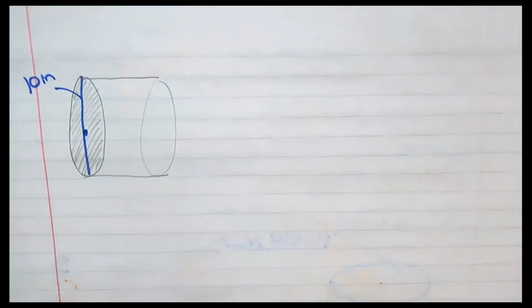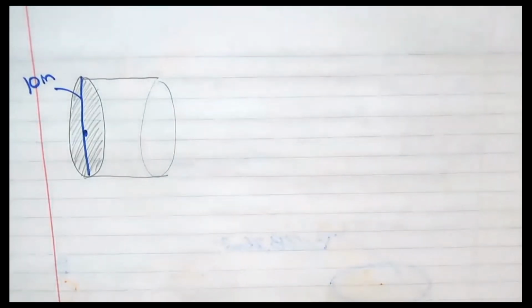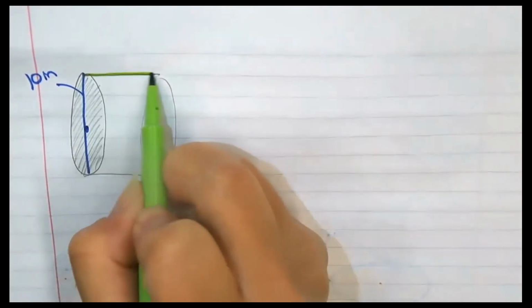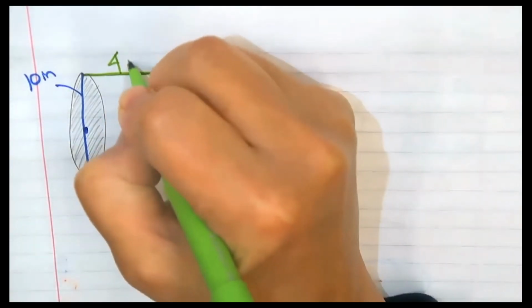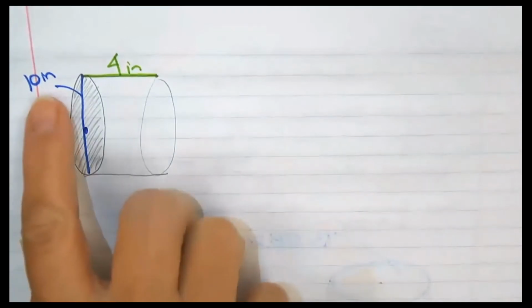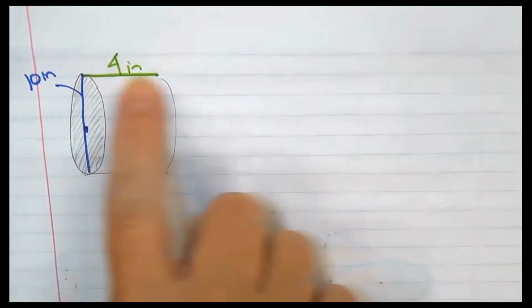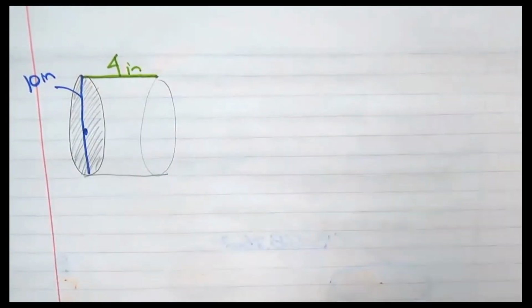The diameter is 10 inches. And our height is 4 inches. So the diameter is 10 inches. The height is 4 inches. And we need to find the volume.